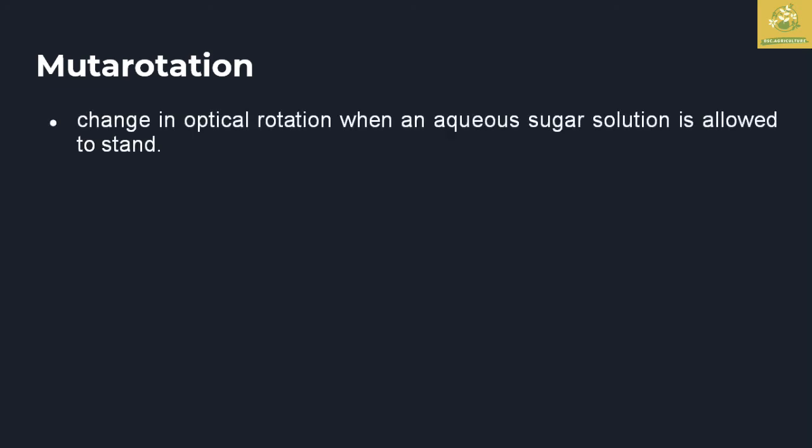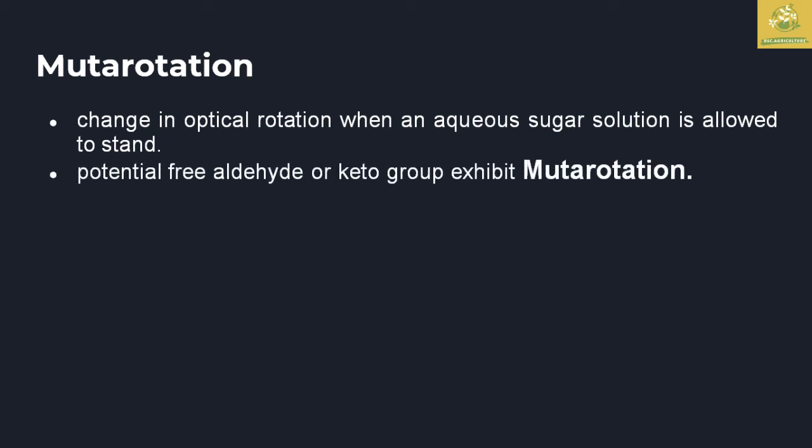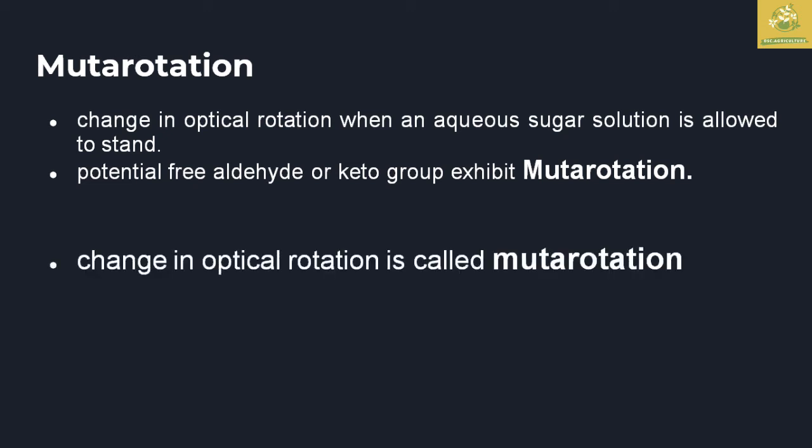So mutarotation, we have already seen some examples of mutarotation, where mutarotation is the change in optical rotation of an aqueous sugar solution, which is allowed to stand. The sugars that have a potential free aldehyde or keto group are the ones which exhibit mutarotation.